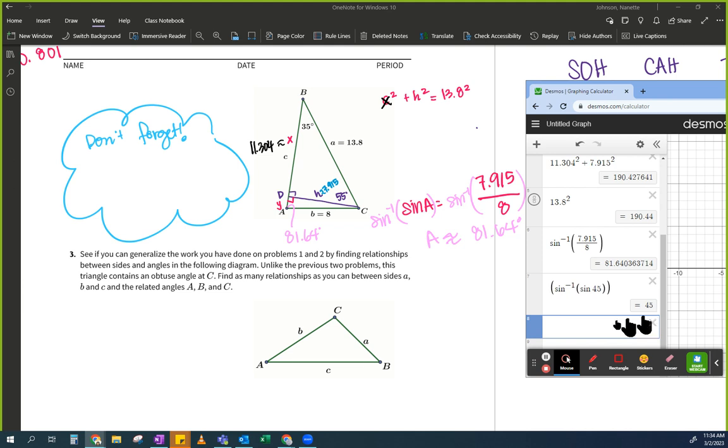Yeah, right? They cancel out. Very good. They undo each other, right? So sine inverse is sine's inverse. I don't know how to say that better. I'll say it again: sine inverse undoes sine. Okay, that's better, right?